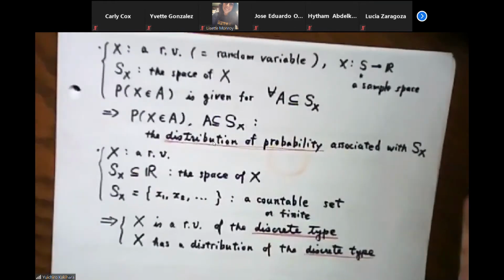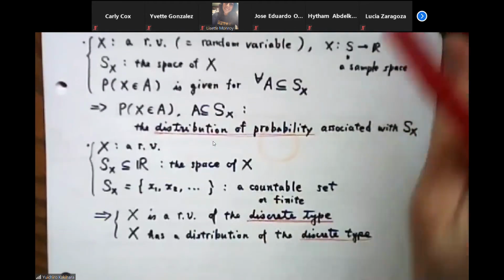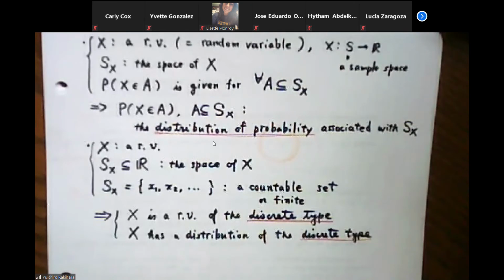And then important thing is that in this case, we can have the probability mass function. That is, this is really a function, okay, f of x. x is a real number, and this is indicating the probability that X is taking the value x.